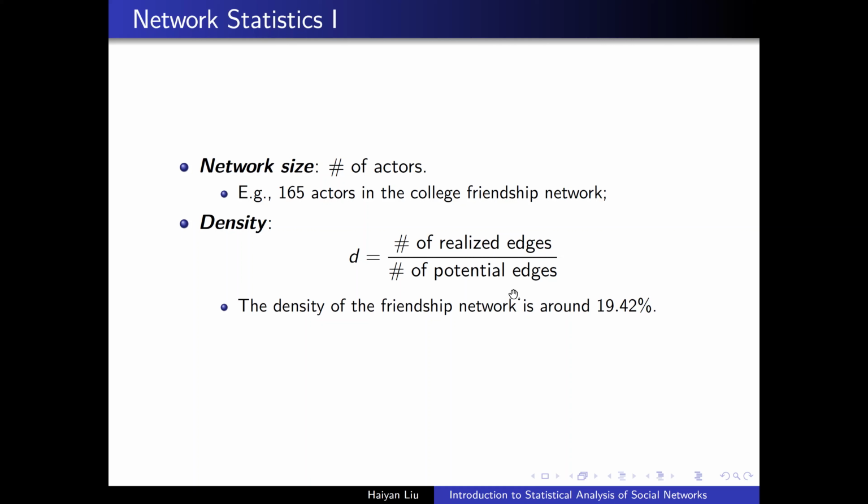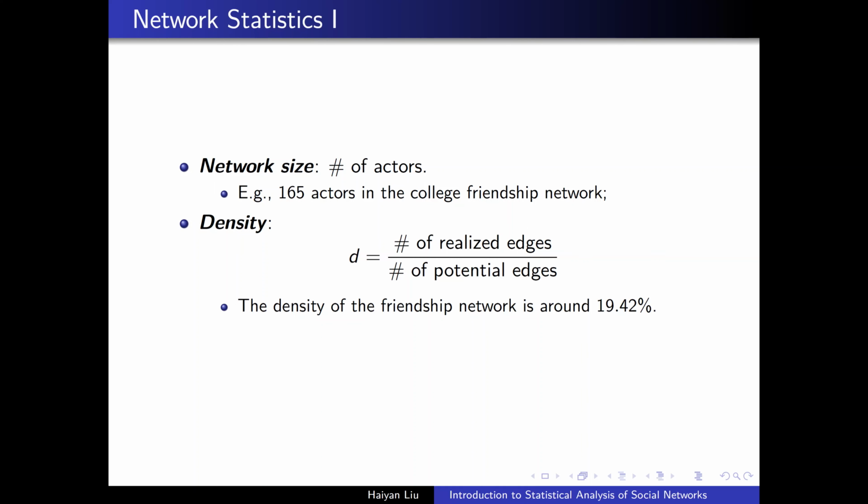For instance, the total number of potential edges in a network with 10 actors is 10 times 9 divided by 2. And then we could count how many realized edges, how many actual connections there are in it. Then we get the network density. So network density is an index of how close a network is overall.